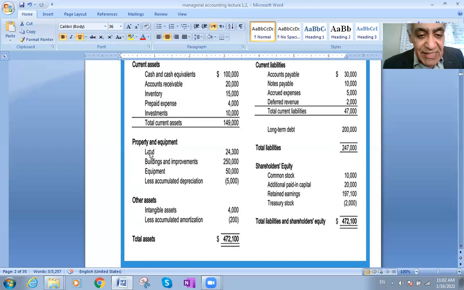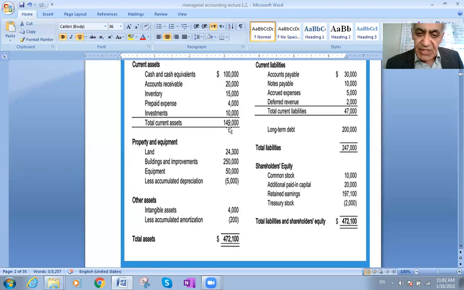You buy the land to build the factory. You buy the buildings to start working. You buy the equipment to make profits. All those you buy to make profits. For that reason, we call them fixed assets. Fixed means long-term assets.